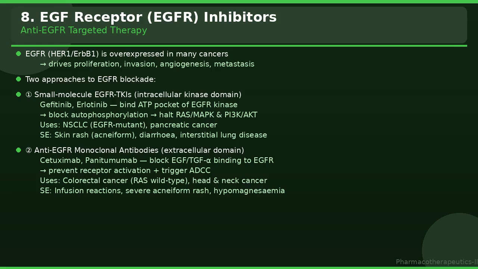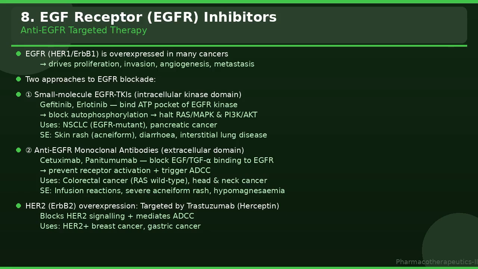The second approach uses monoclonal antibodies directed at the extracellular ligand binding domain of EGFR. Cetuximab and panitumumab block EGF and TGF-alpha from binding to the receptor, preventing receptor activation, and additionally mediate antibody-dependent cellular cytotoxicity, or ADCC.